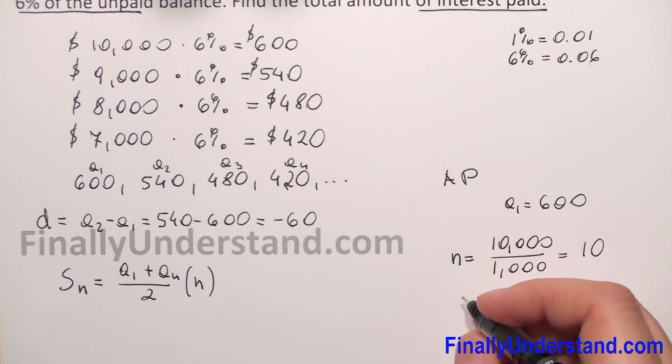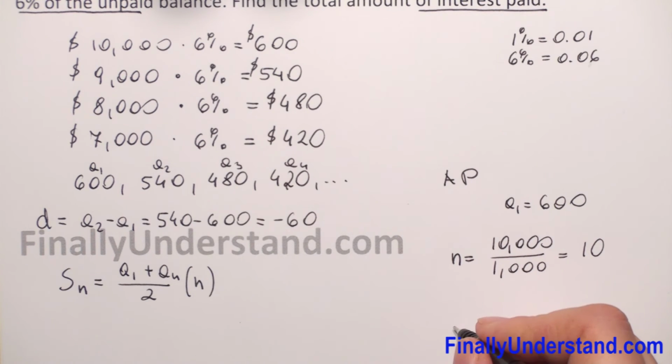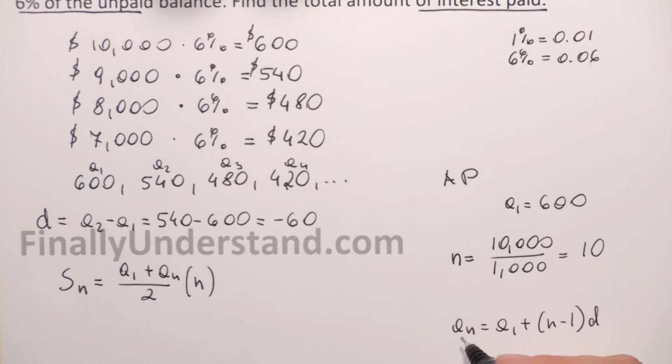And we know formula for n term of arithmetic progression. So an is equal a1 plus n minus 1 times d. We have n, we calculate that is 10. We have d is negative 60. And a1, so we can find an.